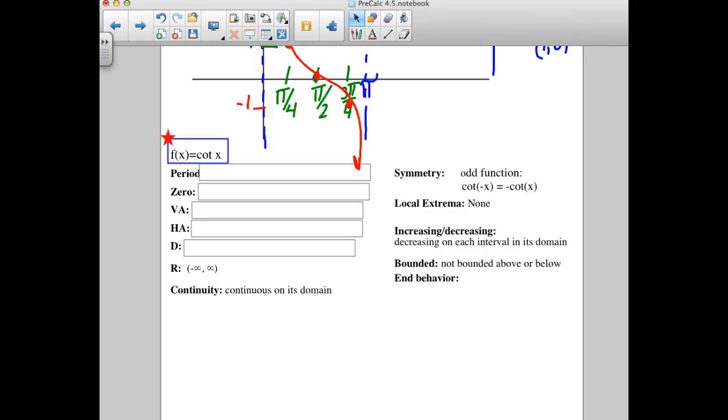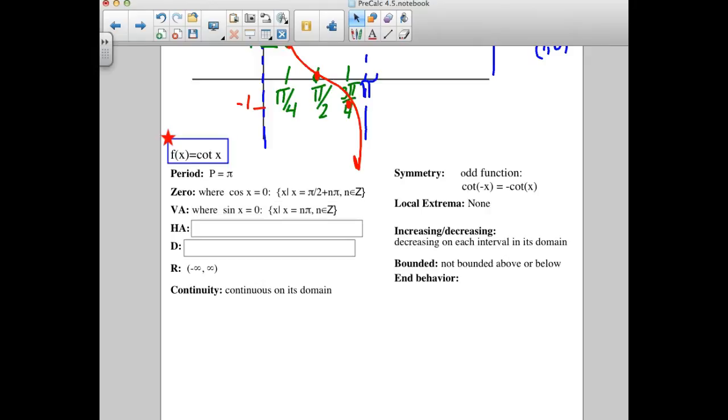Some characteristics. Period is pi. We had zeros where? At pi over 2, and then they're going to keep recurring every pi after that. Vertical asymptotes happened at 0, at pi, next one would be at 2 pi, 3 pi, right?